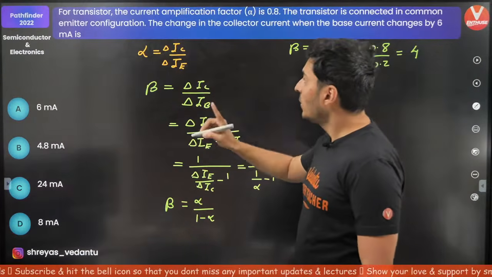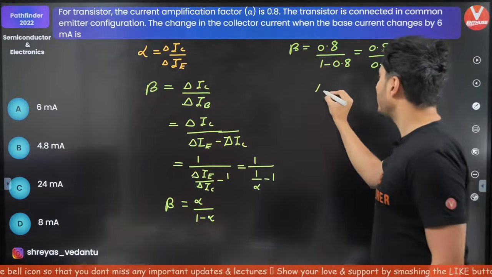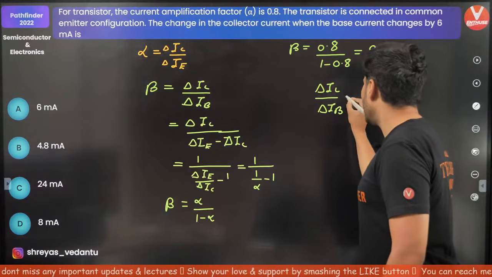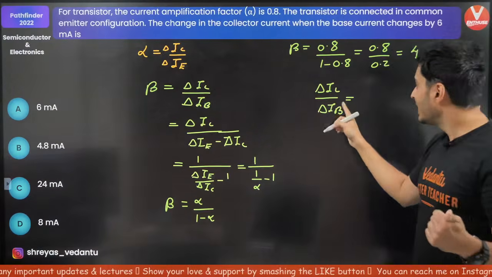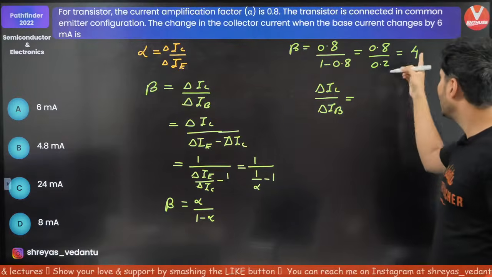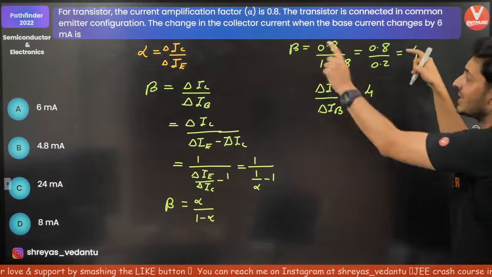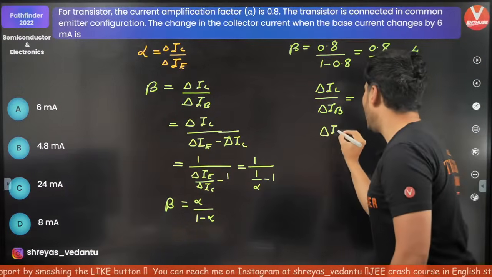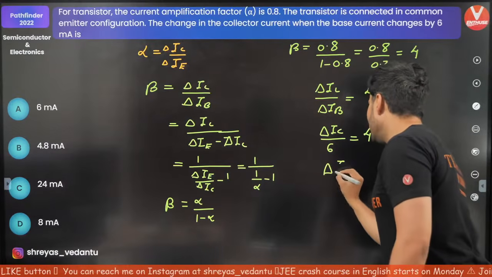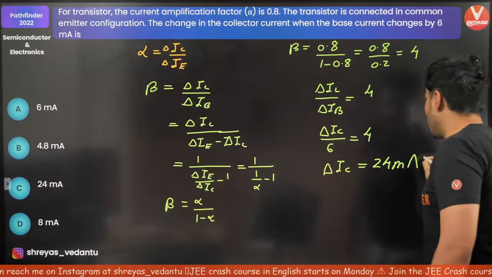Now you can write beta as delta IC by delta IB, because beta is IC by IB, and this is nothing but 4. The change in base current is 6, so delta IC by 6 is equal to 4. Therefore delta IC should be 6 fours, which are 24 milliamperes.